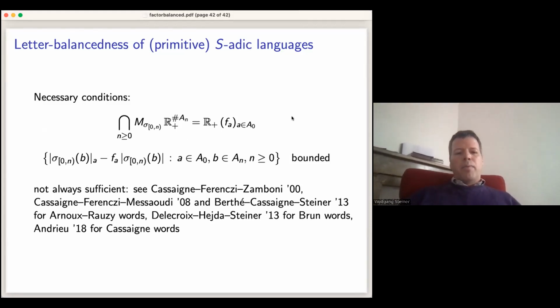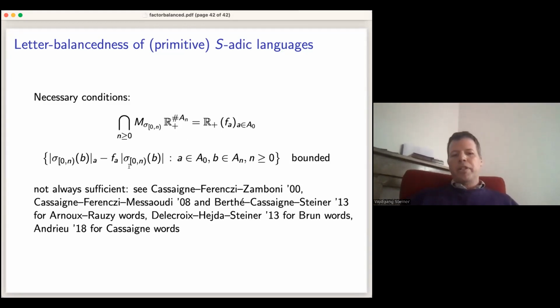And moreover, we need something stronger: we need that all Parikh vectors of words must be in bounded distance to the line. In particular, we need that the Parikh vectors of sigma of 0 and sigma of 1 are in a bounded distance from the line.